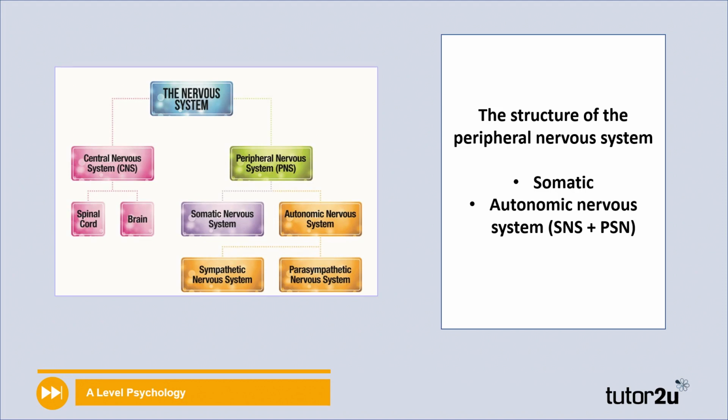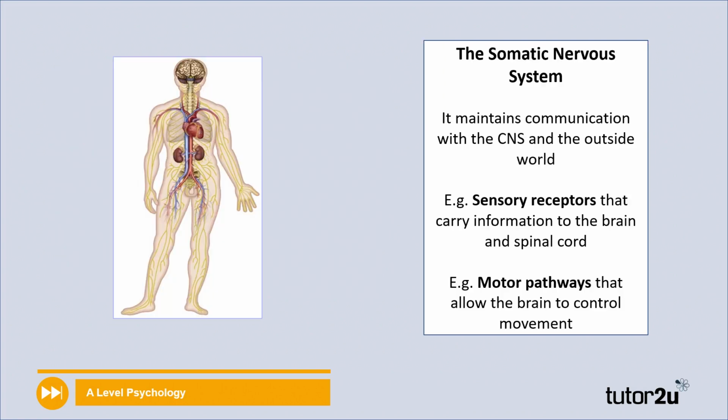We can see that under the peripheral nervous system, we have the somatic nervous system, and that doesn't have any subcomponents of its own. And we'll look at that in more detail shortly. The autonomic nervous system, on the other hand, which is also featured as part of the peripheral nervous system, does have its own two subcomponents, the sympathetic and the parasympathetic nervous system.